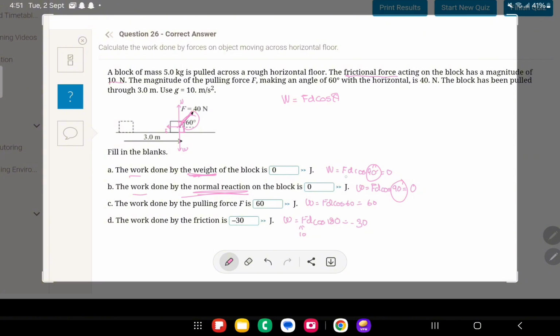So it's not the same force that you've been using here and here and here. That's 40. They told you that the frictional force here is 10 newtons, so you replace it with 10, and then the angle for frictional force is 180. So just memorize, weight is 90, normal is 90, and friction, or the opposite force, is 180.